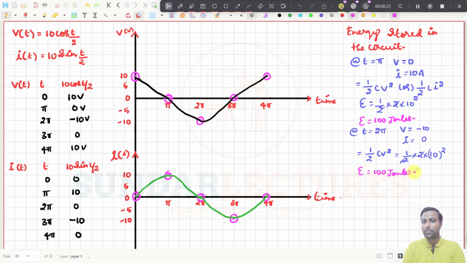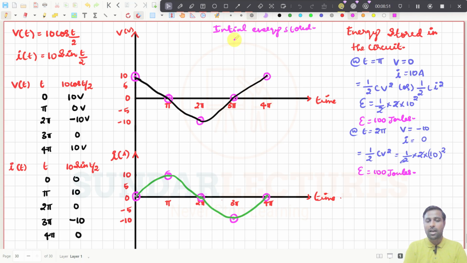So what is the point you need to get here? At whatever instant you take, energy stored will be 100 joules. And what is the initial energy stored? I will write it down here. Initial energy stored, which means before closing the switch. What is the initial capacitor voltage?